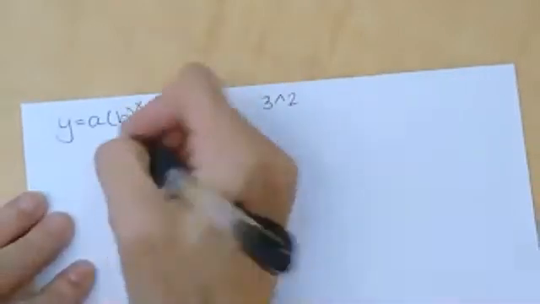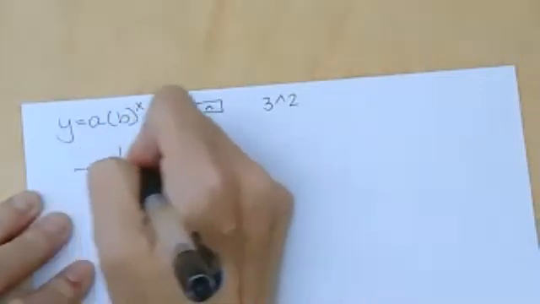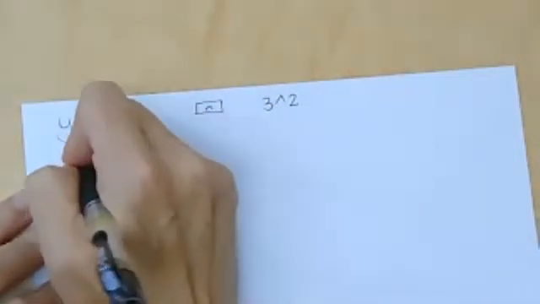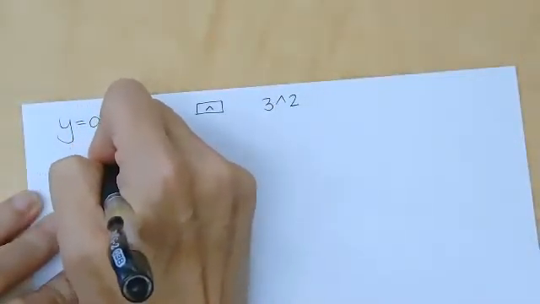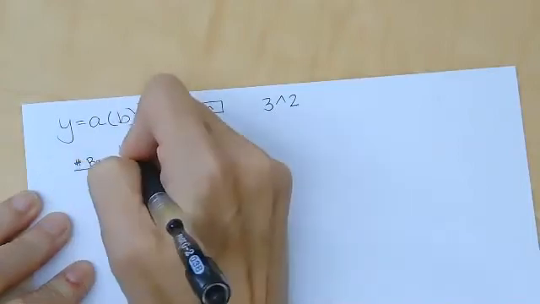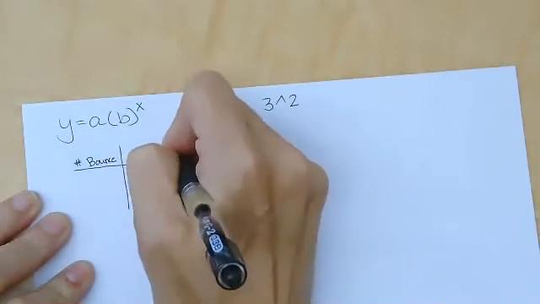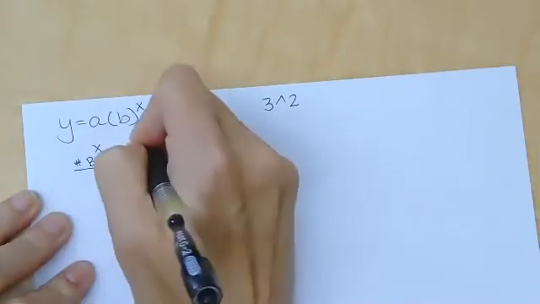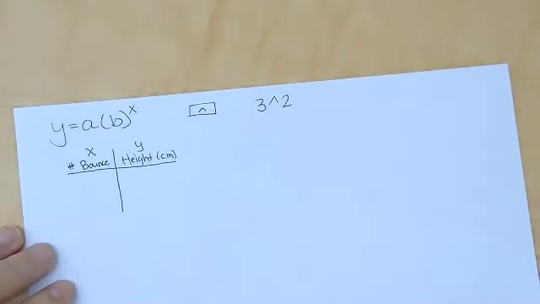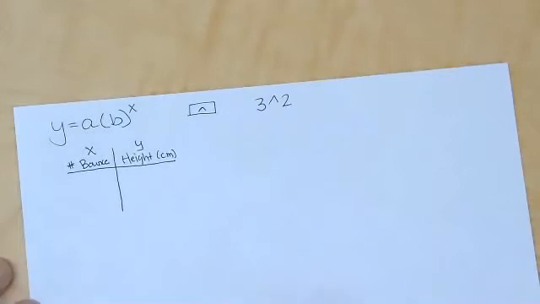Okay? So our bouncing ball, we've got the number of bounces over here, and we've got the height of the ball measured in centimeters. This is basically our x, and this is our y. So instead of a geometric sequence, we are going to model this situation with an exponential function.